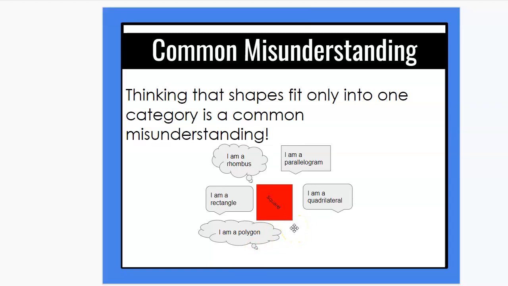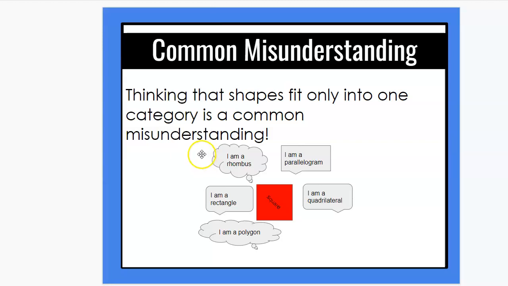If we think about the square, it meets the requirements of being a quadrilateral. It has four sides on it that are closed. It's a parallelogram because it has two sets of parallel sides. It is a rectangle because it has two sets of parallel sides and it has perpendicular angles.